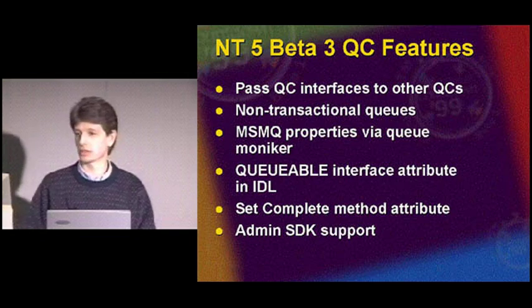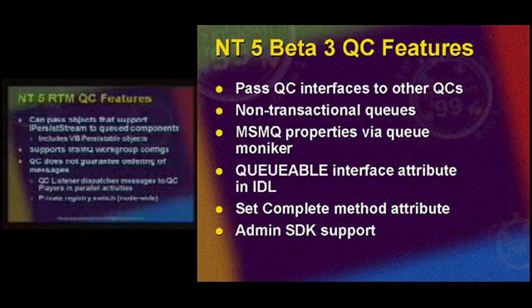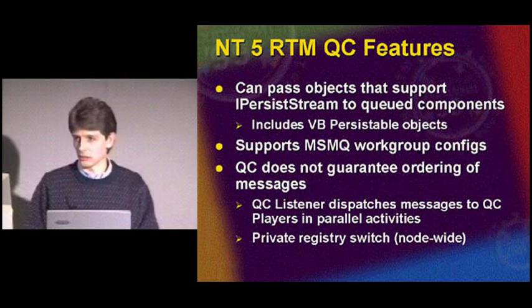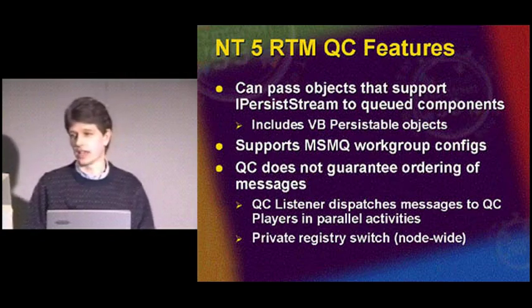So what's coming up? There are a couple of things that didn't make it into Beta 3 but will be in the RTM for queued components. The first one is the ability to pass any object, subject to interface requirements, that supports IPersistStream.